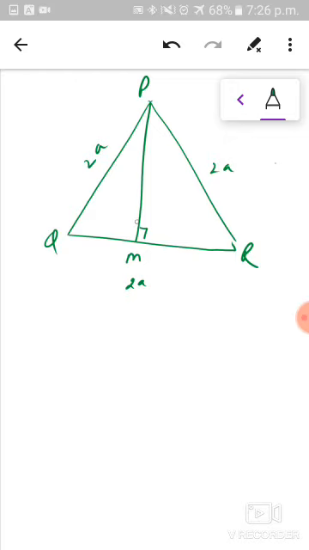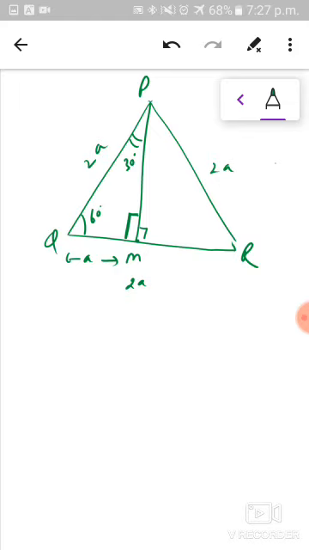We know the altitude and the median are the same in an equilateral triangle. So M is the midpoint of QR, it means QM is a. PQR is an equilateral triangle, so angle Q is 60 and this angle is 90, so this angle will be 30 degree.